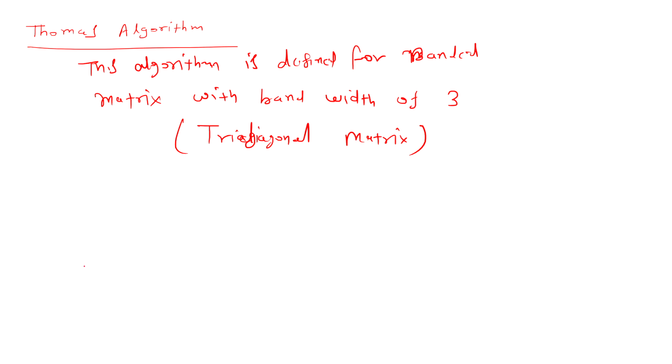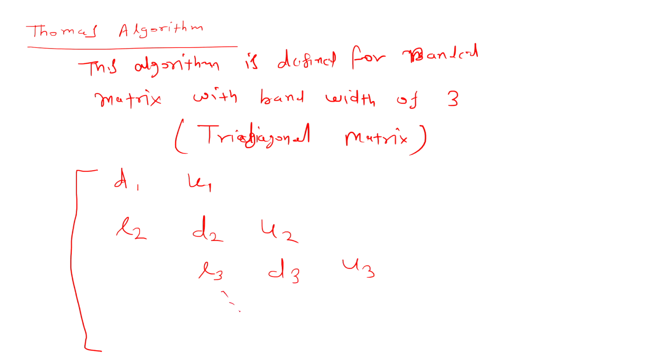So essentially Thomas algorithm is defined for a matrix which has elements like D1, U1, L2, D2, U2, L3, D3, U3, and this will keep on going, and then we will have Dn, Un minus 1, and here we will have Ln.